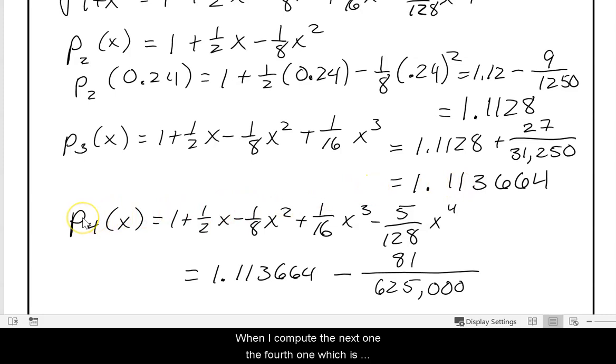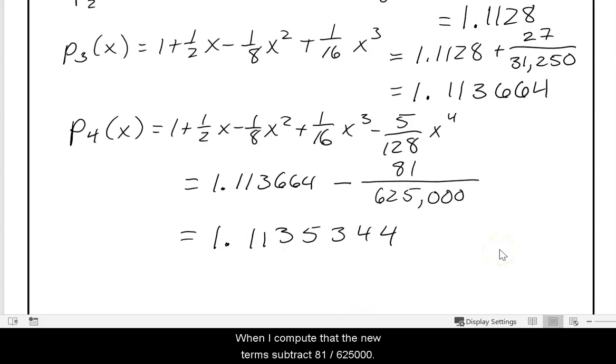When I compute the next one, the fourth one, which is actually the fifth if you start counting at 0, I add on one additional term, the -5 divided by 128 times x raised to the fourth power. When I compute that, the new term subtracts 81 over 625,000.